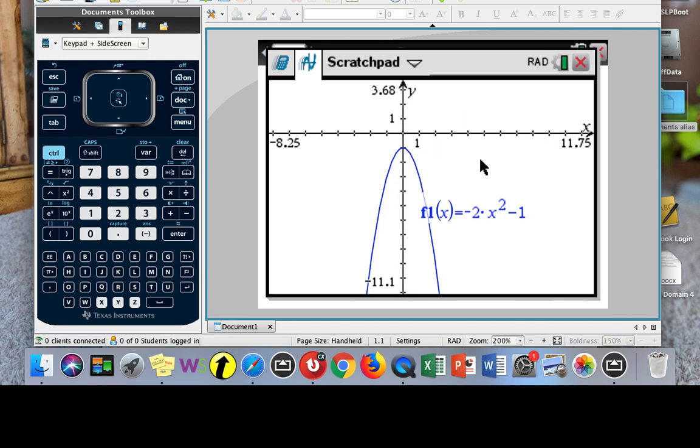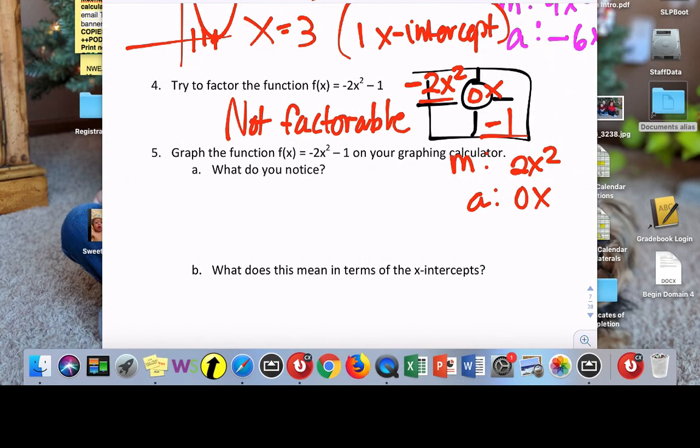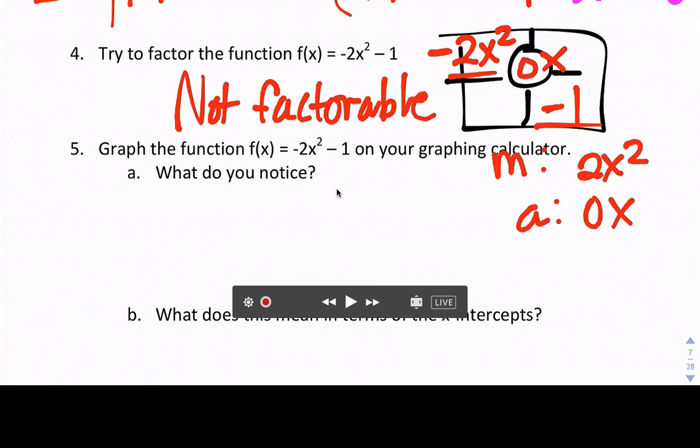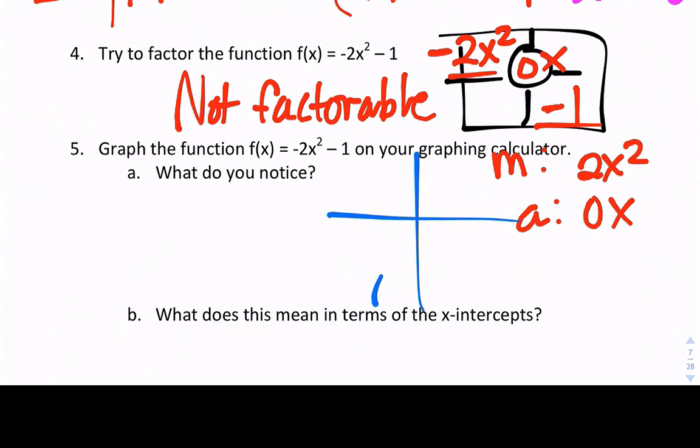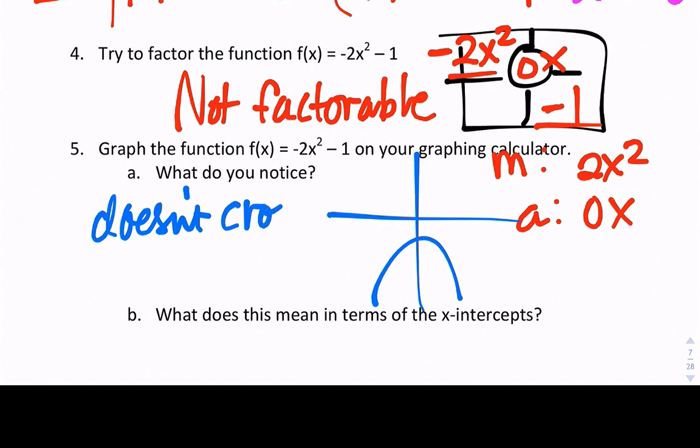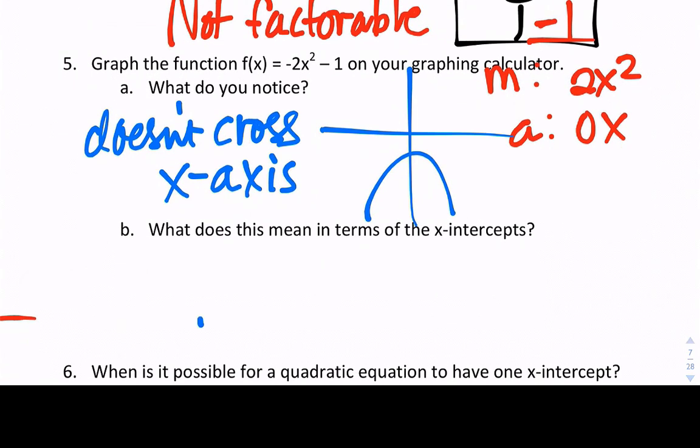Not factorable, it doesn't cross the x-axis. Okay, so then it asks, what do you notice? It looks something like this. It doesn't cross the x-axis, which means there are no x-intercepts.